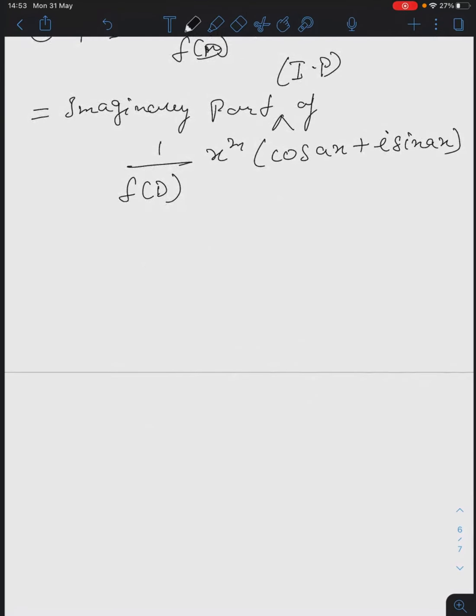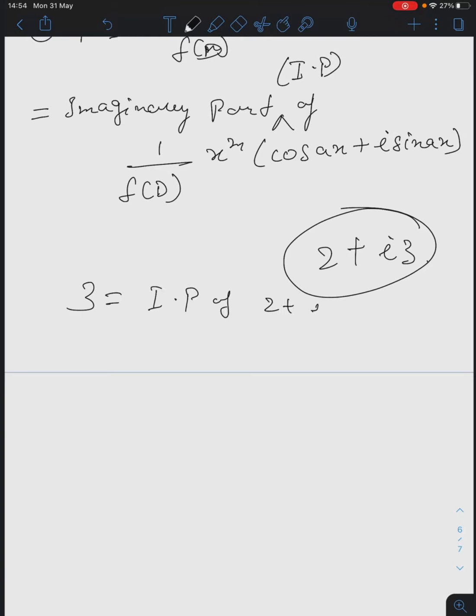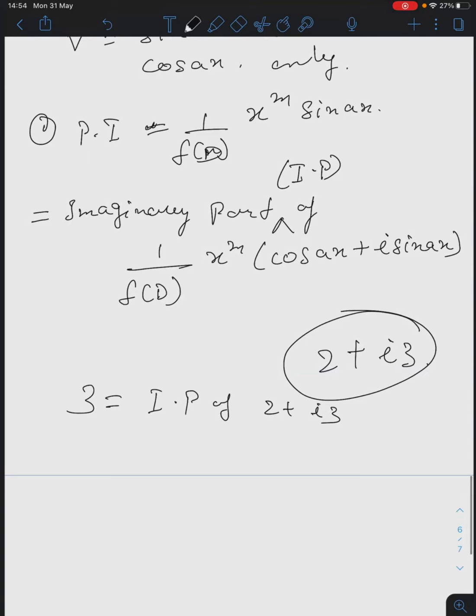To understand this, suppose I write some complex number, 2 plus 3i. If I want to talk about 3, what I will say? Imaginary part of this number itself. Suppose I have given only 3, can I write 3 in this form, imaginary part of 2 plus 3i? Yes. Same thing I have done here.